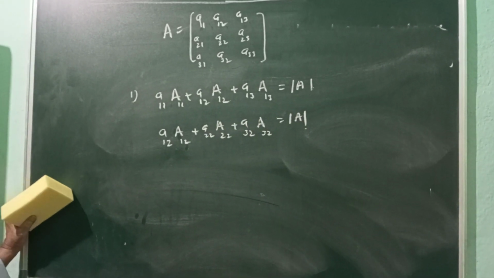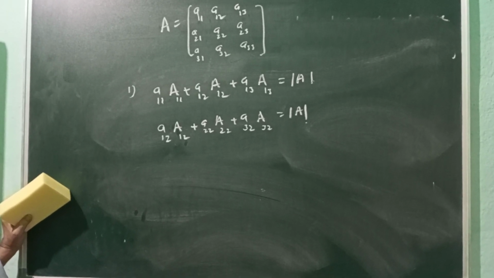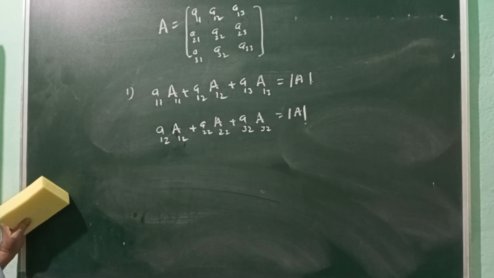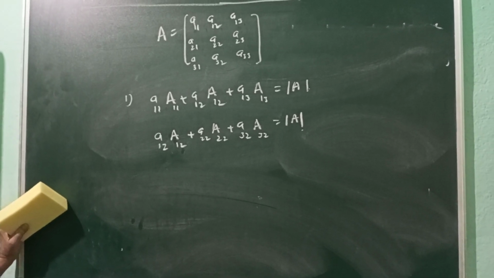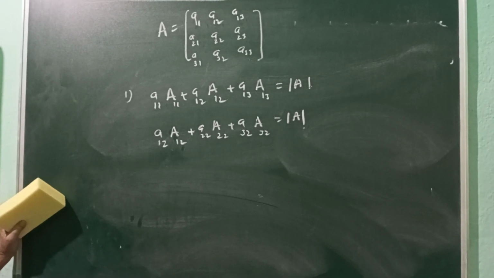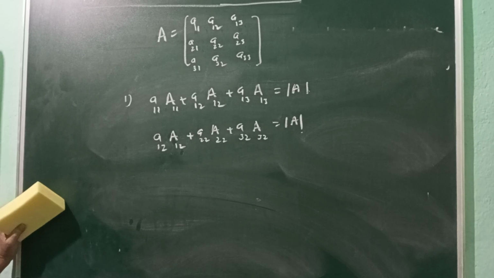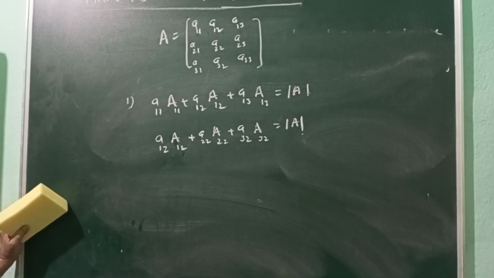Therefore, from this we come to know that the sum of the products of the elements of any row or column of a square matrix with the cofactors of the same row or column is always equal to the determinant of it.